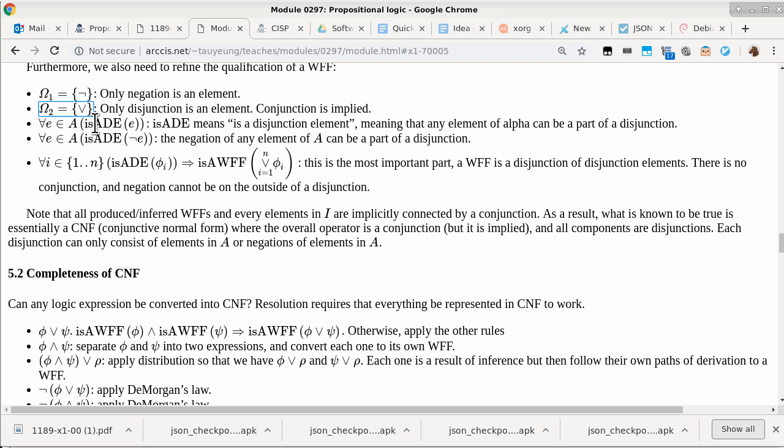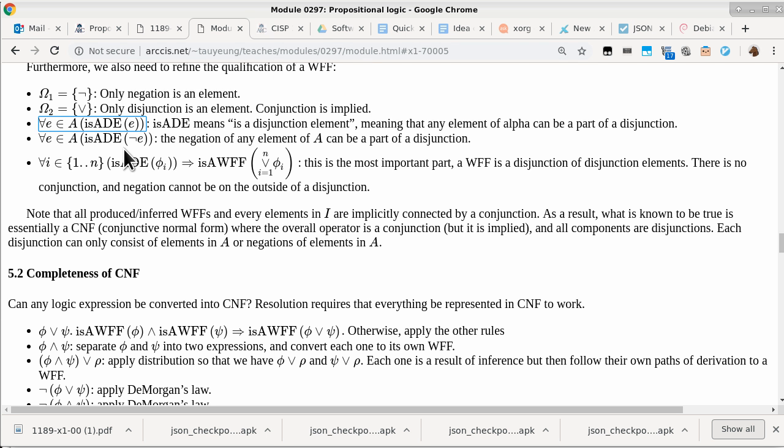What about a well-formed formula? What does it mean when we have a well-formed formula? Well, we start with something that is not well-formed first. We have this predicate called is ADE. ADE is basically saying is a disjunctive element. I just give it a name. But what makes it a disjunctive element?